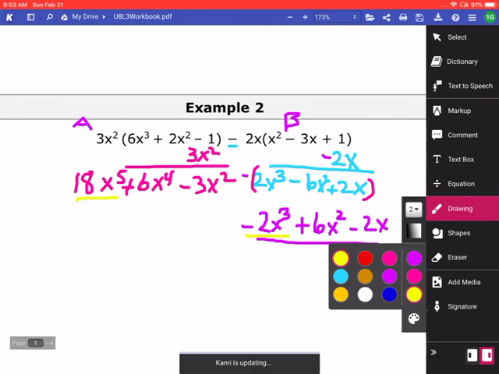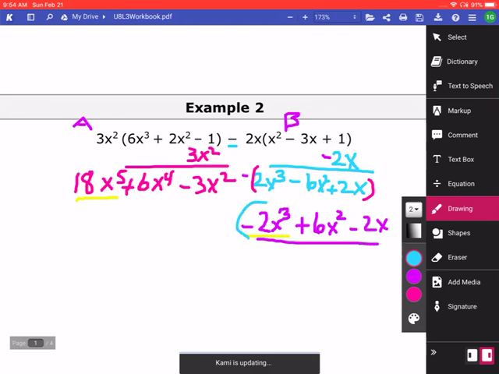Okay, so what we're going to do first is rewrite our A part, and we're going to bring that all the way out. We're going to add in 0 placeholders. That way when we add this part B over here, we're not going to get the wrong answer because we put that in the wrong spot. So to do that, we'll start off with 18x to the 5th plus 6x to the 4th.